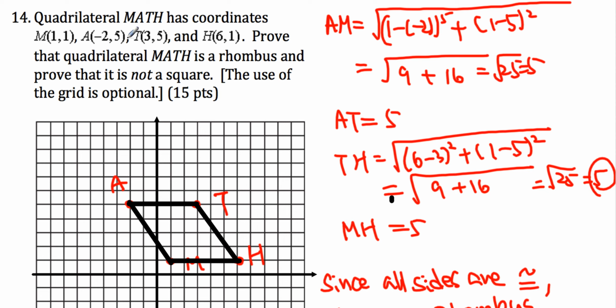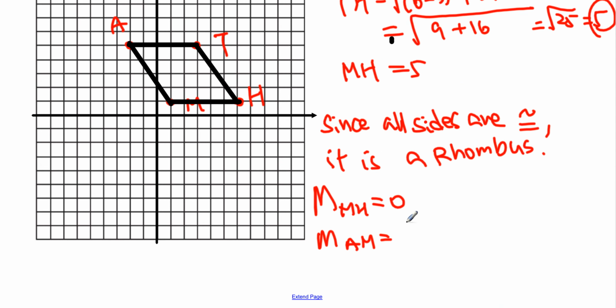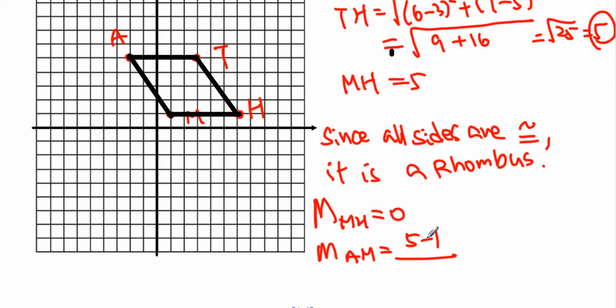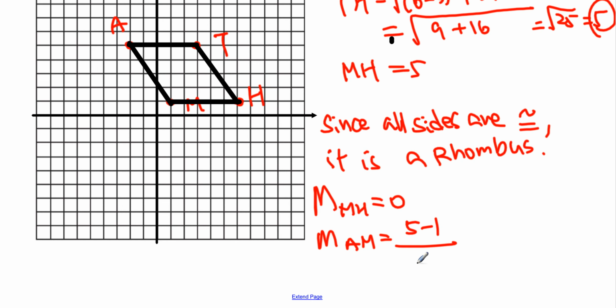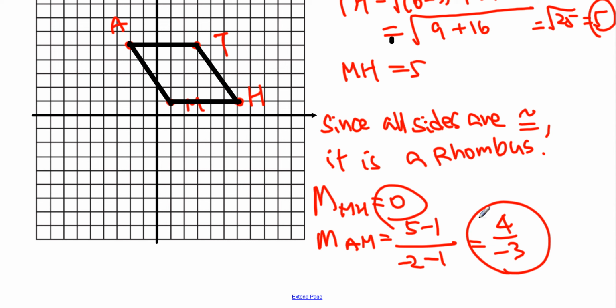Slope of AM, I have to go for 5 minus 1 over negative 2 minus 1. So it becomes 4 over negative 3. Now, when you look at these two slopes, they're not negative reciprocals of each other. Therefore, we don't have a right angle over here.